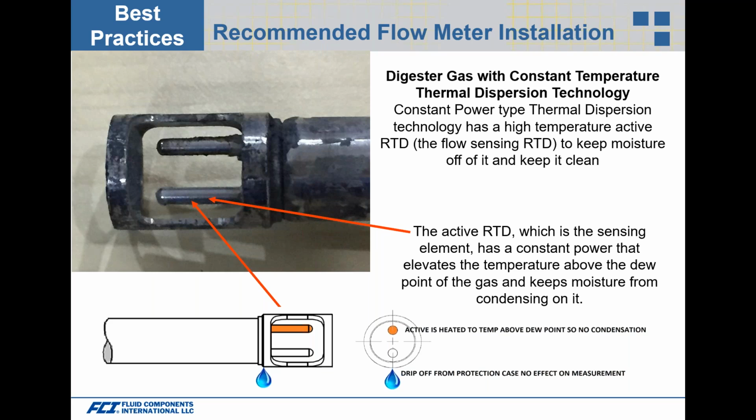So it's highly recommended that a constant power type thermal dispersion technology be used, because what the constant power does is it elevates the temperature of that active sensing element above the temperature of the dew point of the gas, which means that moisture cannot collect on it, and therefore moisture is what collects the debris. So as long as you don't have moisture on that active sensing element, then you have a good accurate flow reading.